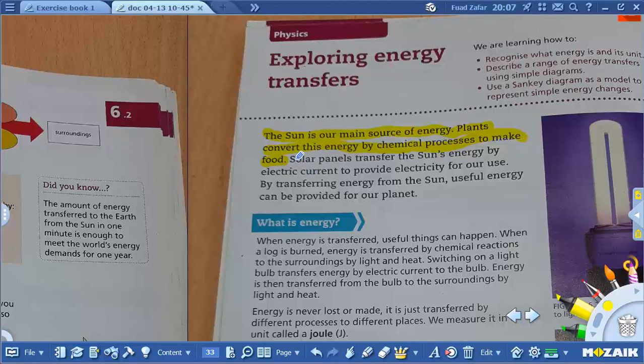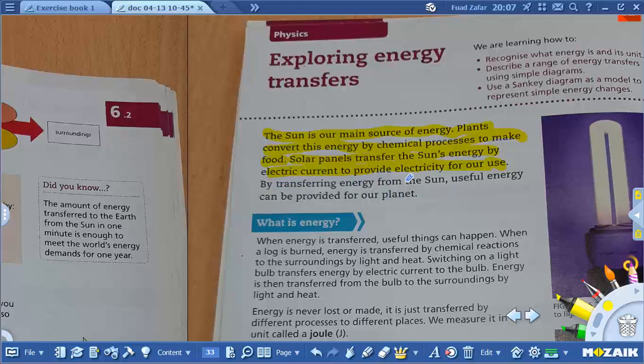Solar panels transfer sun energy by electric current to provide electricity for our use. So we use solar panels. In the solar panels, it converts sun energy to what? To electrical energy.